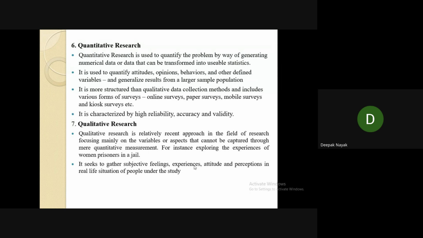First, you can collect quantitative data, and to support it, you can have qualitative data to justify or validate the quantitative data you have in hand. So these are the kinds of research that we follow.